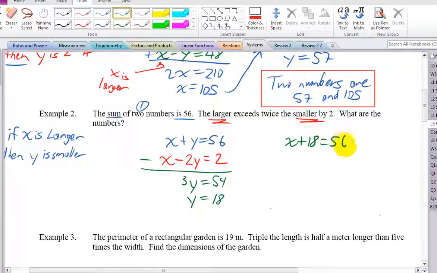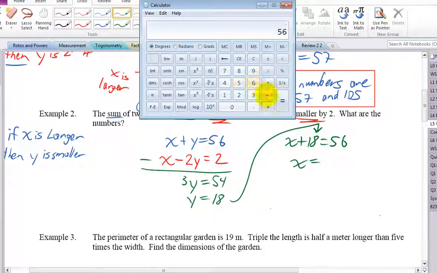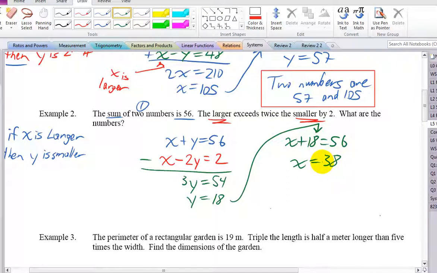And it doesn't really matter which equation you pick. Okay. X equals 38. Okay. So it says here, what are the numbers? Two numbers are 18 and 38. Okay, and put it in the box.